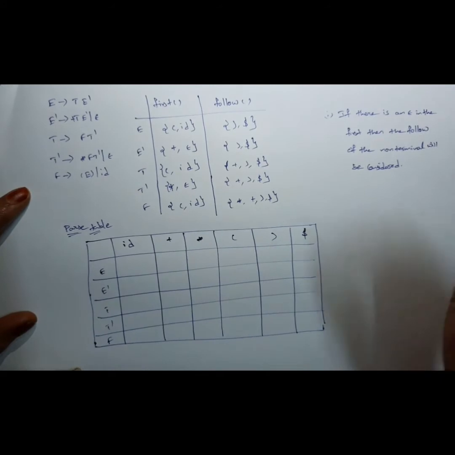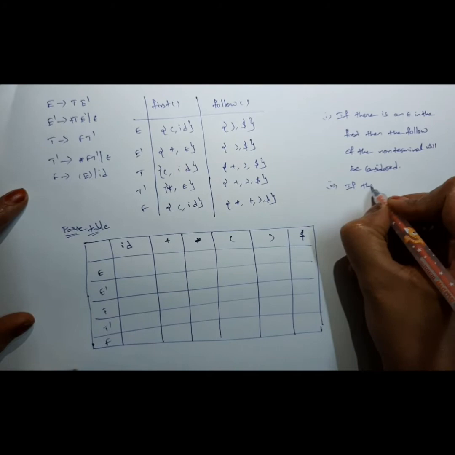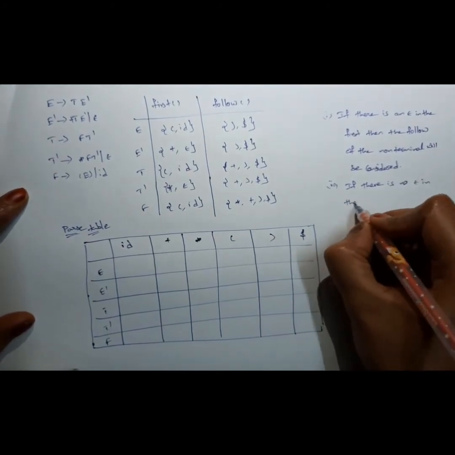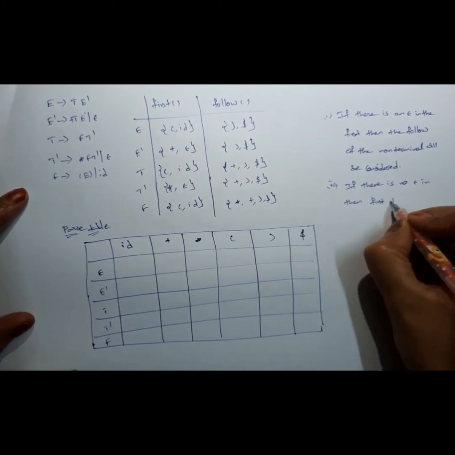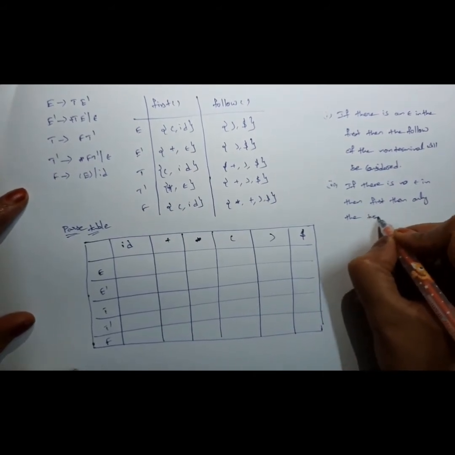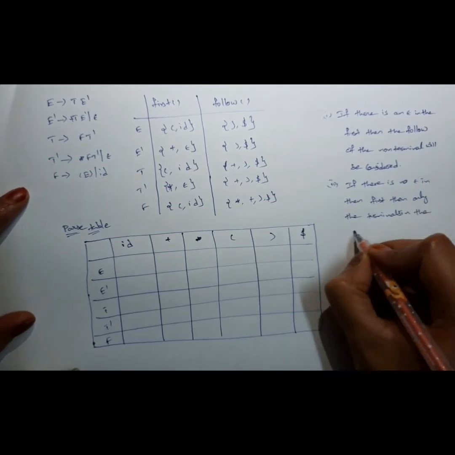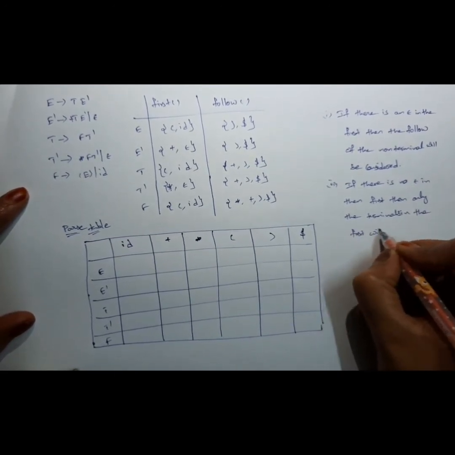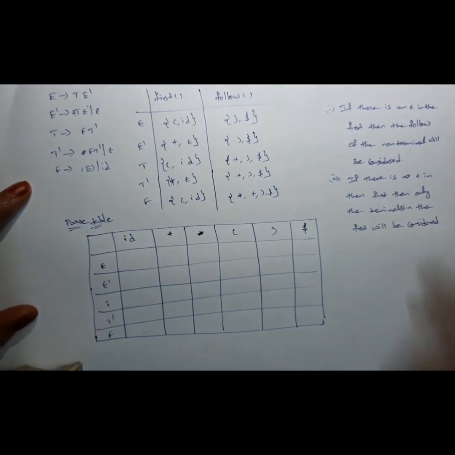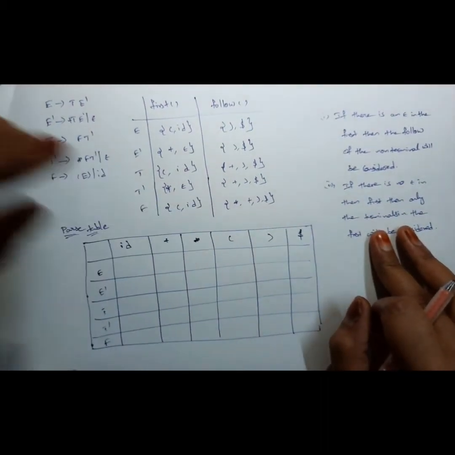This is the first step. And the second step is, if there is no epsilon in the first, then only the terminals in the first will be considered. These are the two simple steps which we follow for filling the values in this parse table.